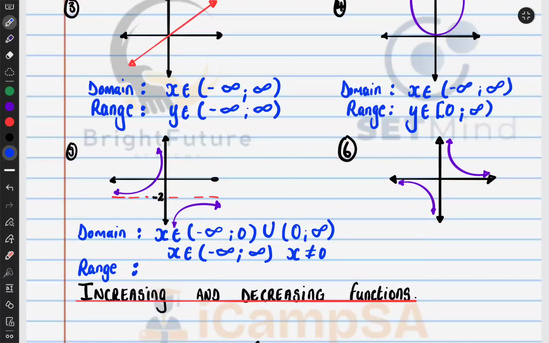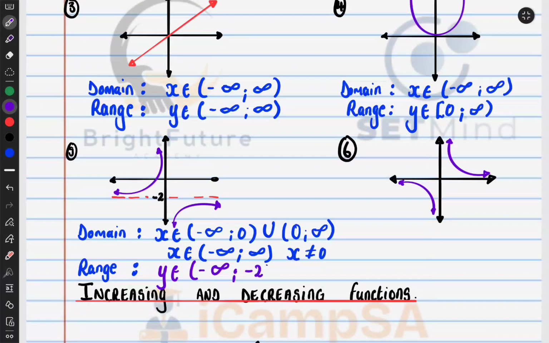So the range of the function, we go from negative 2 to positive infinity, and we start from negative infinity all the way up to negative 2, and then it jumps. So we're going to see y is an element of negative infinity, always starting with the smaller value, negative infinity to what?